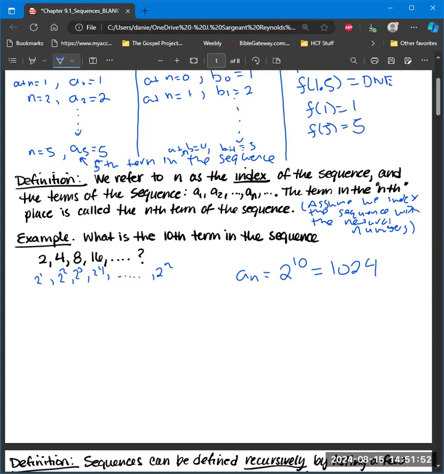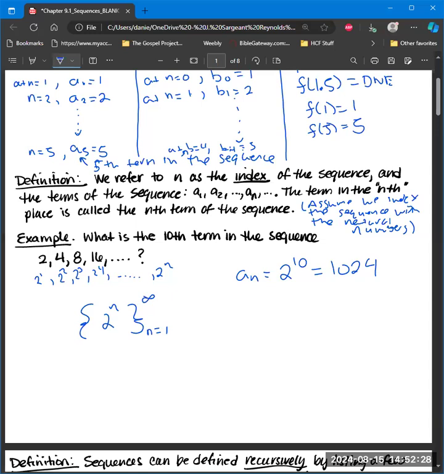Now that we know that, can we find a way to write that entire sequence out and not just use these ellipses like this? Sure. We can use these set brackets to represent a sequence, and we put the nth term in there, 2 to the n, and just like when we're evaluating an integral and we put our limits on the outside, we put our lower limit here starting at 1 and our upper limit going to infinity.